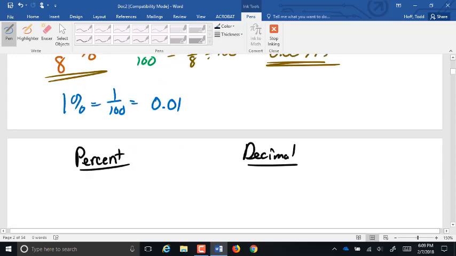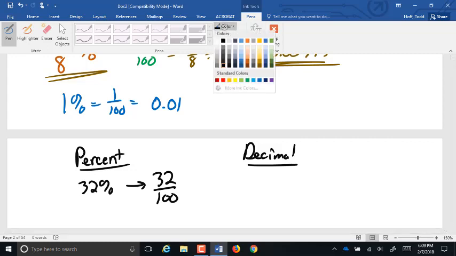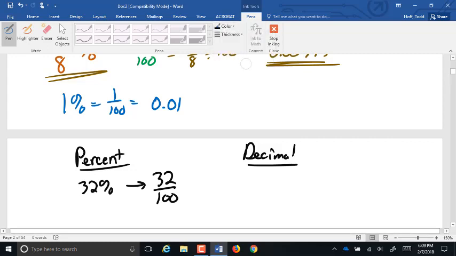A percent, we said, is always out of 100. So 32% means 32 out of 100. A decimal is always out of 1. It's what's called a rate.